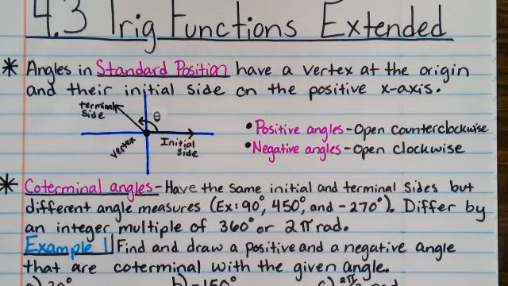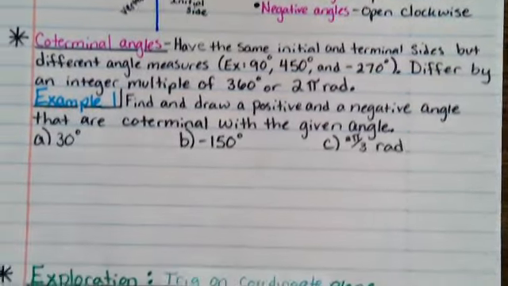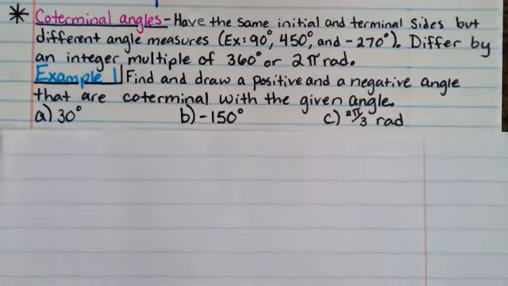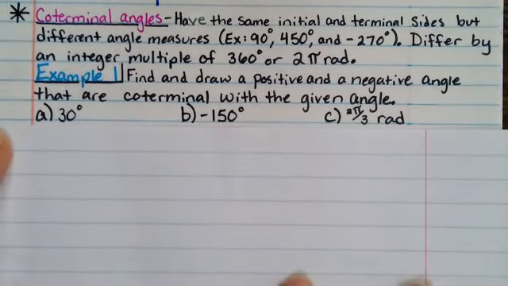You'll see them in the exact same position on that circle if you're looking at that standard position, but they are going to just be differing by either 360 degrees, positive or negative, or 2 pi radians, okay? There's an infinite number of coterminal angles, so just keep in mind that you can list them all day long. It's not just like there's only the couple that we end up writing.